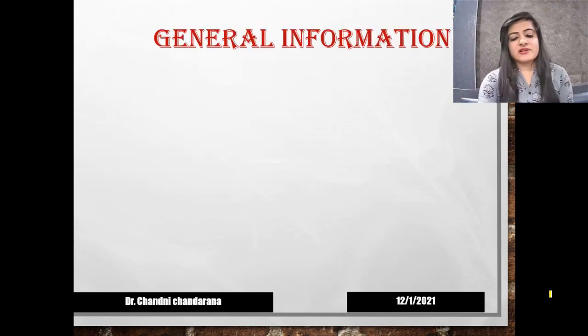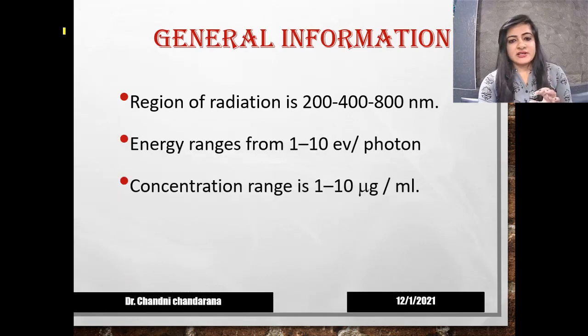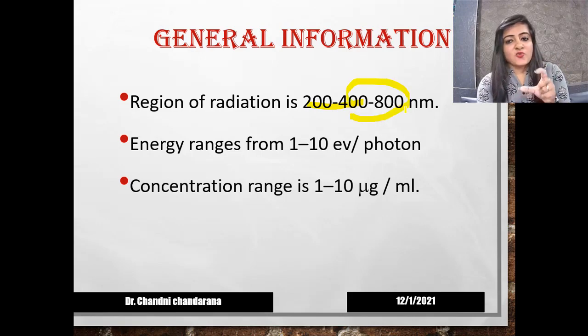Now, the general information. The region of radiation is 200 to 400 nanometer. This is the UV region, the wavelength region to absorb UV radiation, 200 to 400 nanometer. And 400 to 800 nanometer is for visible radiation, for visible light.